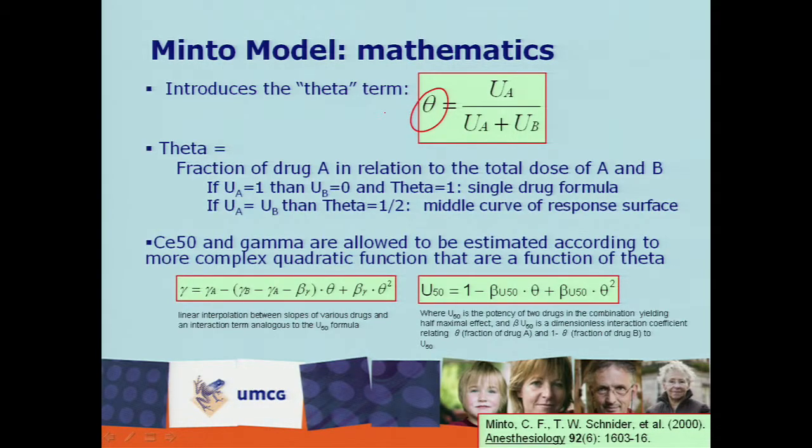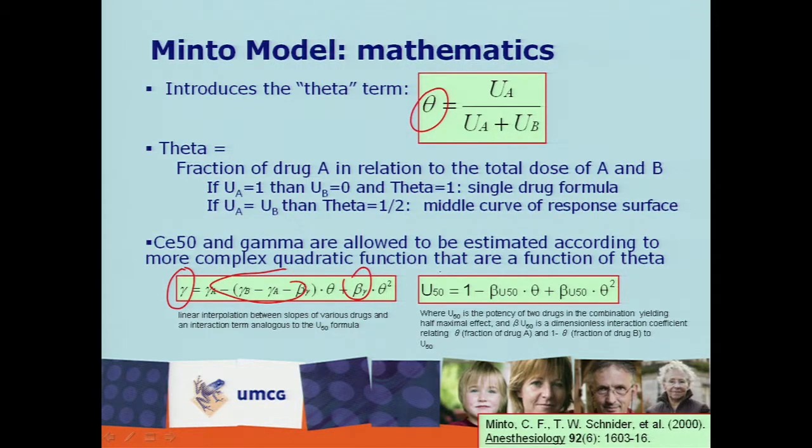As a result, they also needed to add more complexity to their model, allowing more flexibility in the modeling surface. They did that, and I will not go into details, by adding a more complex total gamma term. The slope of the surface is the linear interpolation between the slopes of the various drugs and another interaction term, the beta, which is a dimensionless interaction term, giving you an idea of that interaction.